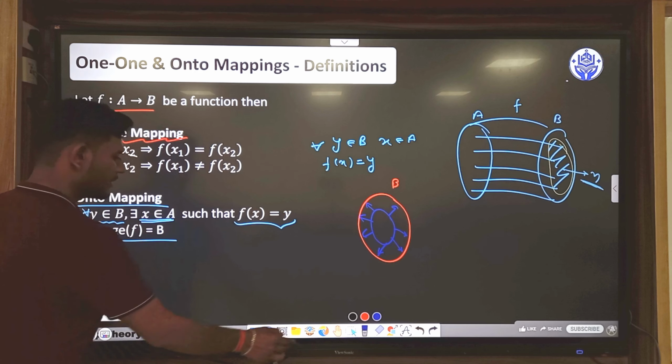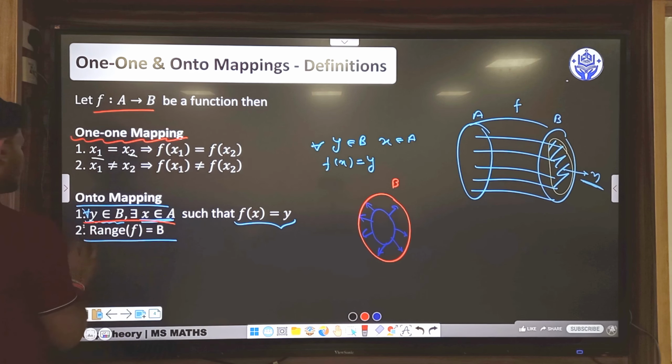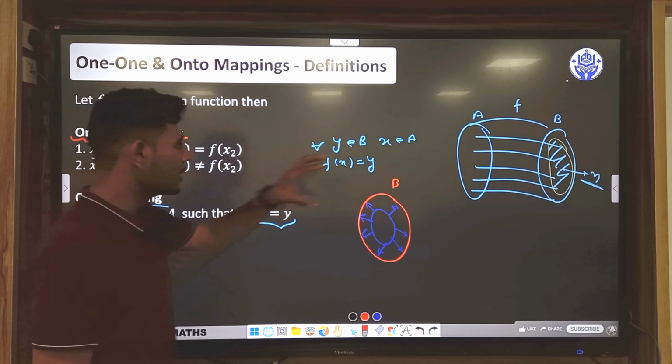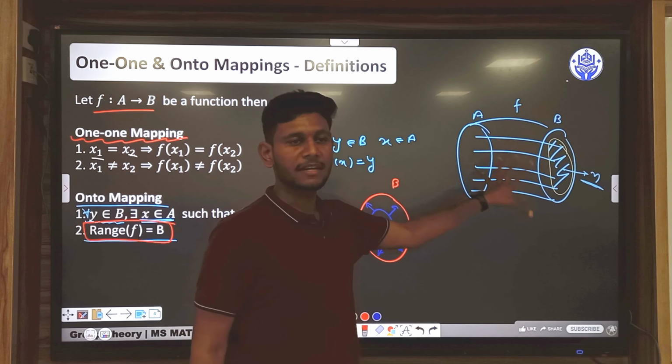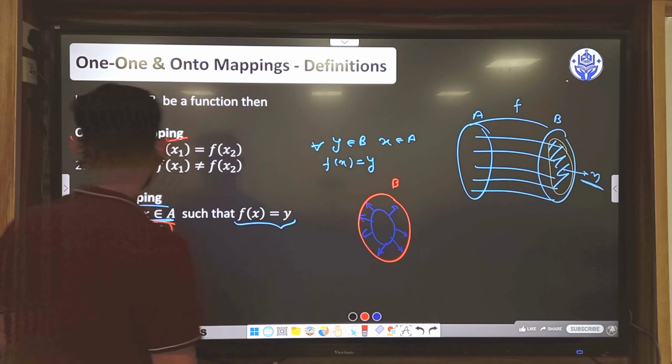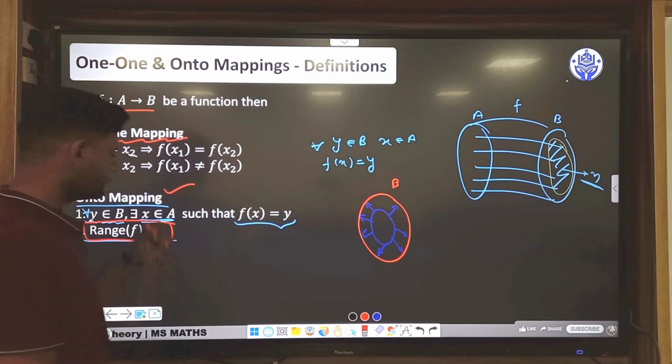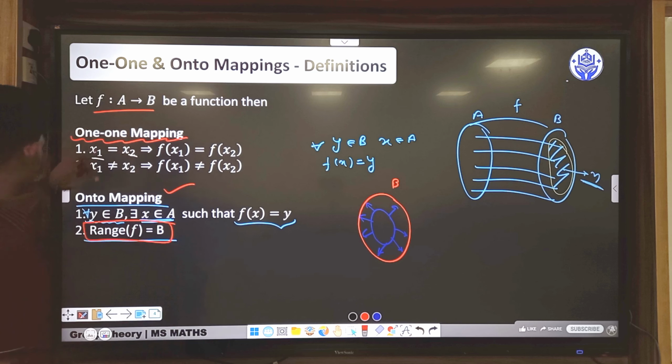That's why we say that if the range of the function is equal to the codomain, all the outputs will be covered in the range. That's why we call it onto mapping. This is an example of a 1-1 and onto mapping.